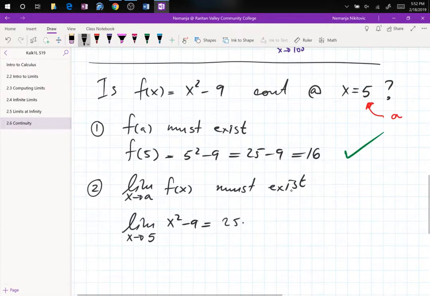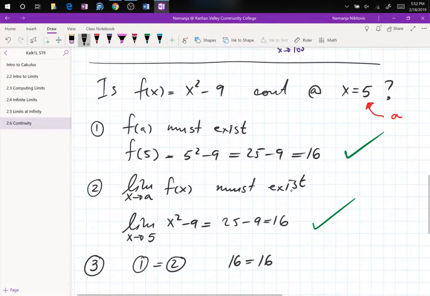So this is going to be, again, 25 minus 9, 16. So it exists. Yay. And finally, number 3 says that number 1 has to be the same as number 2. Well, 16 equals 16, that checks out.